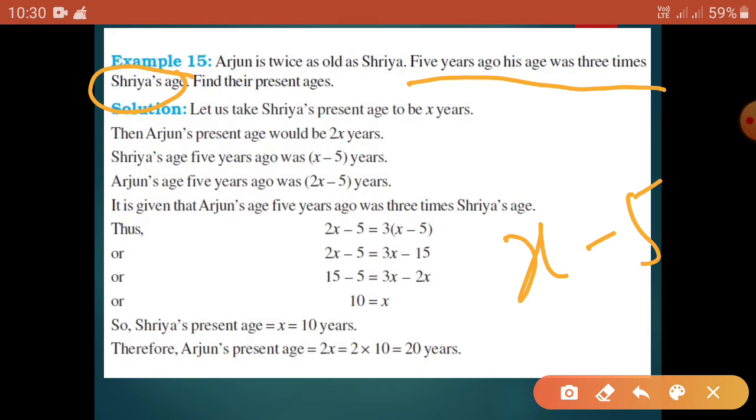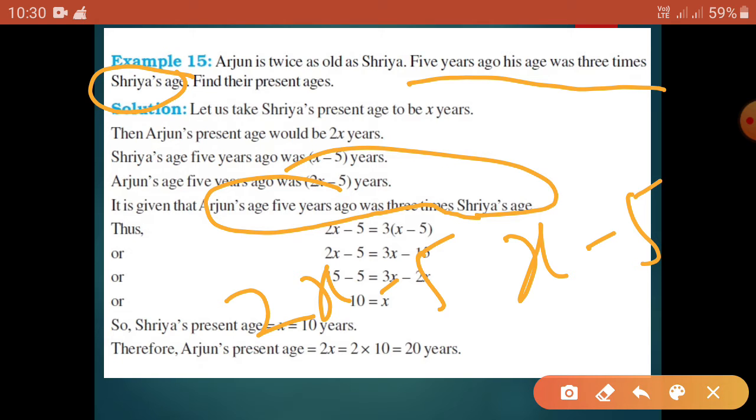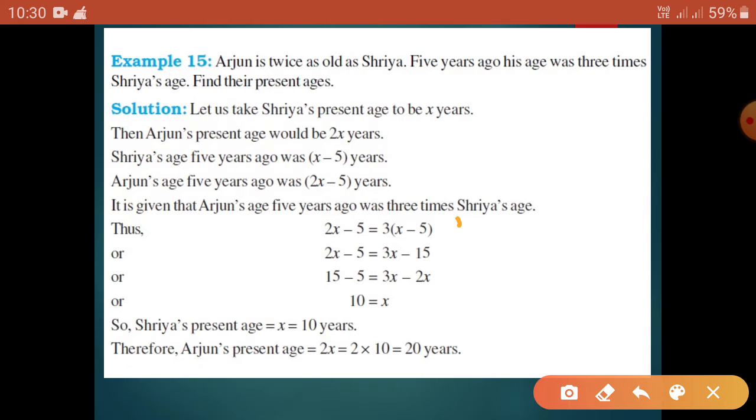And what was the age of Arjun 5 years ago? 2x minus 5. Arjun's age 5 years ago was 3 times Sriya's age. So we can write 2x minus 5 equal to 3 times the bracket x minus 5.